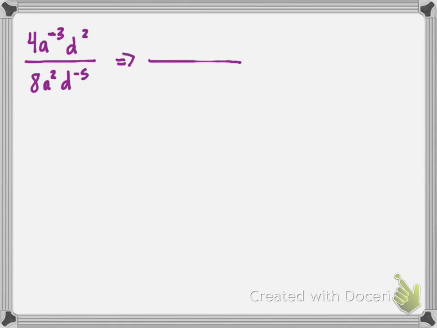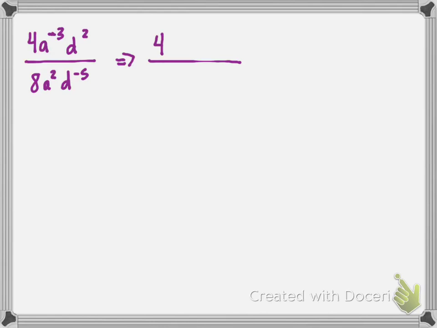Let's do another one here. You had a division question: 4 a to the negative 3 d squared over 8 a squared d to the negative 5th. You can do these a couple of different ways. Negative exponents are not proper in math, so the very first thing I would do is rewrite this.